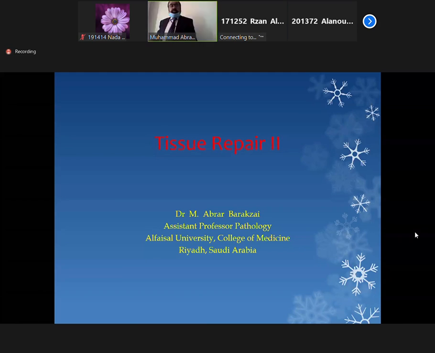We know that after all the inflammatory process, ultimately you have to go for tissue repair. In the repair process we have two things: regeneration, and a repair process which ends up with fibrosis. We also know what regeneration and repair are, and usually both go together, as we will see now.